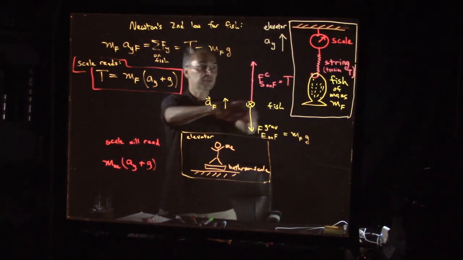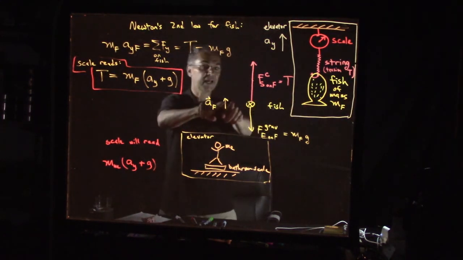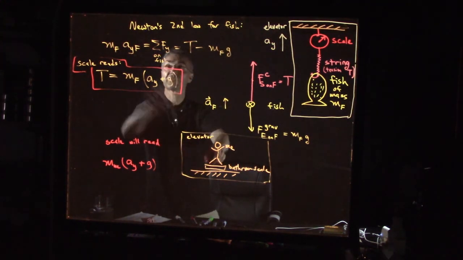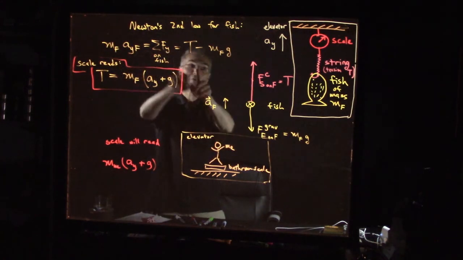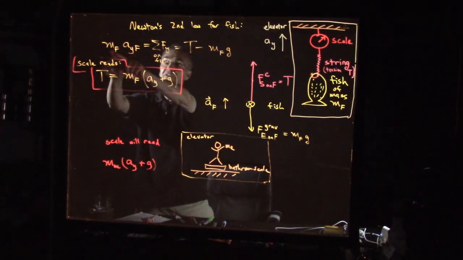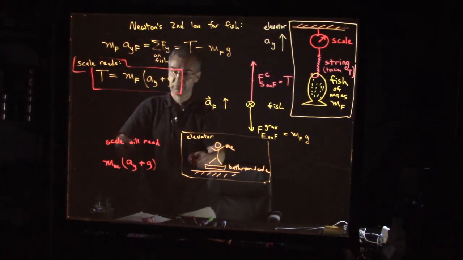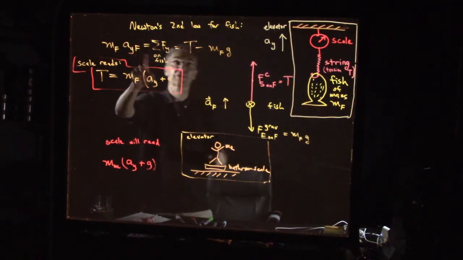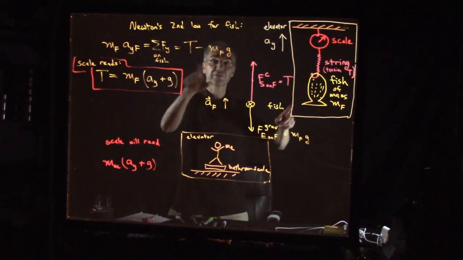So the fish is accelerating at whatever acceleration the elevator has, or I am. Then the forces don't add to zero. The forces add to the mass of me times my acceleration, or the mass of the fish times the fish's acceleration, and you have up minus down.